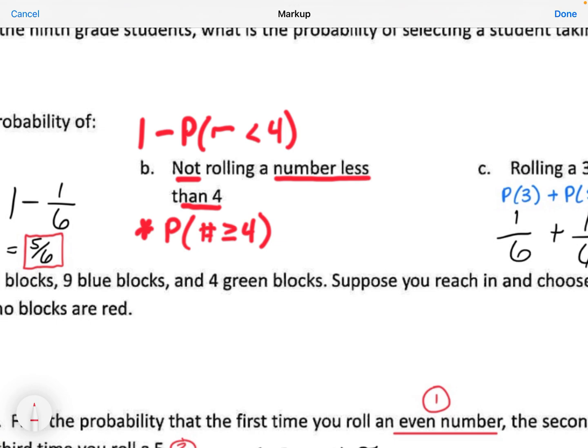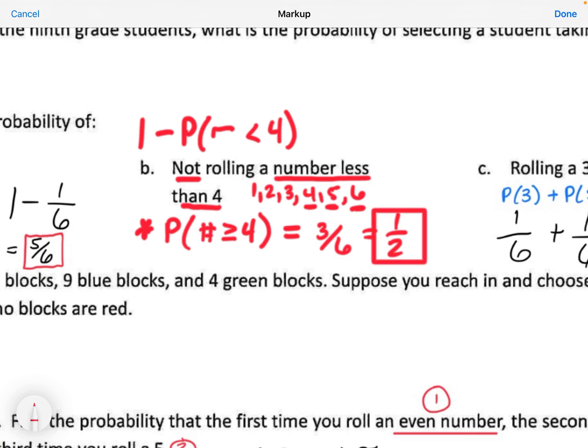So it doesn't really quite matter which method you take, as long as you understand that we're doing not less than 4. So the probability of not less than 4 is the same as the probability of a number greater than or equal to 4. If you think of the numbers on a die, 1, 2, 3, 4, 5, 6, greater than or equal to 4 is 4, 5, and 6. That's 3 out of 6, or 1/2.